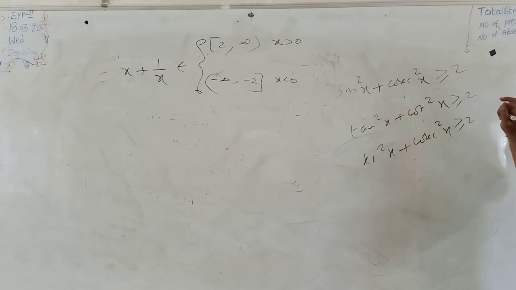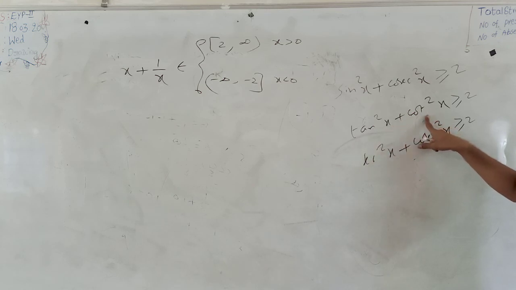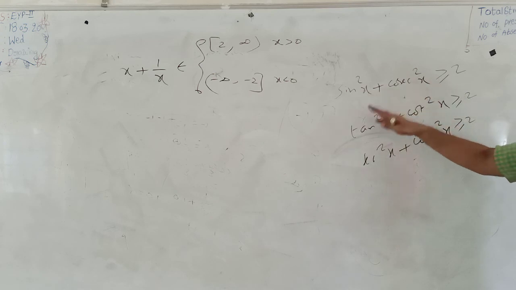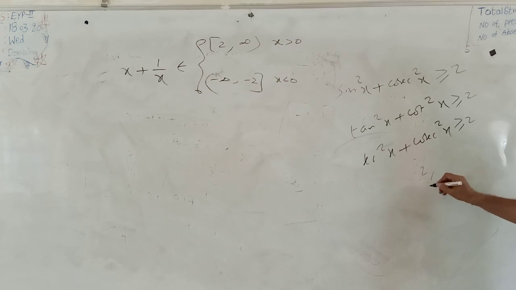Answer, 2. Or what is the range of tan square x plus cot square x? Greater than or equal to 2 means values start from 2: 2, 3, 4, 5, 6 and so on up to infinity. Therefore, the range of each one is 2 to infinity.